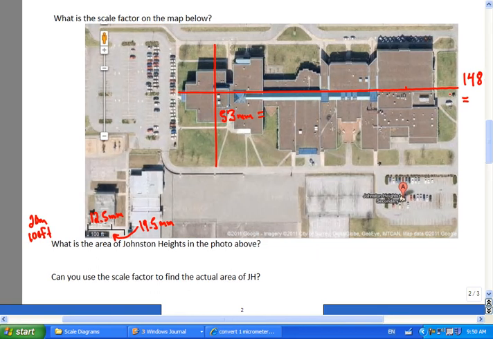Okay, so it sounds like you guys have gotten through it, so I'm going to work through my calculations. 53 millimeters in the diagram is worth 12.5 millimeters, and that's 20 meters.